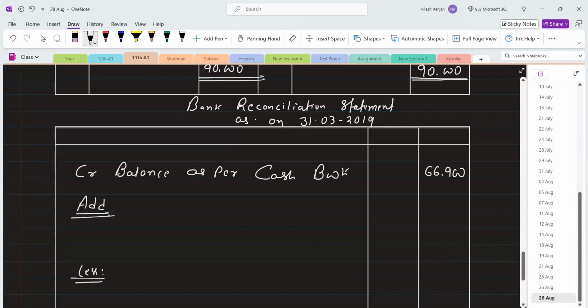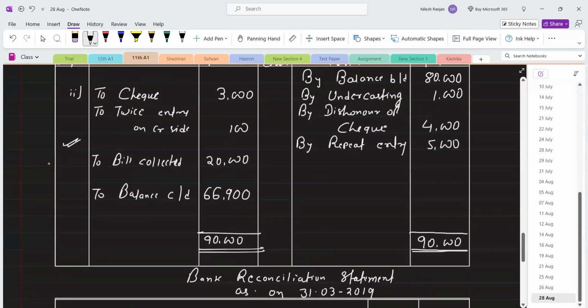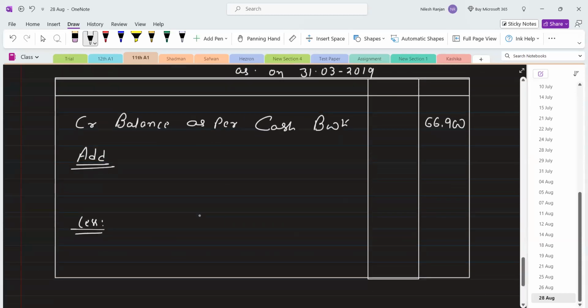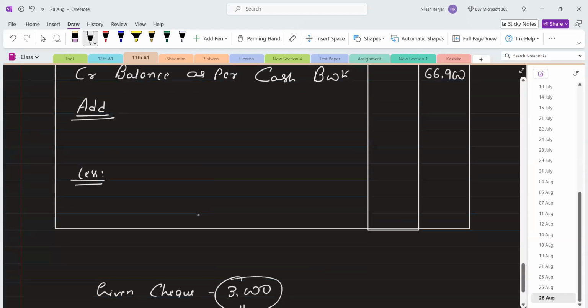Now we have to see which items we have not included here. We have written the first entry, the second one, check deposited, the third one, 10,000. Yes, it is not written. So we will discuss the third one. Check recorded for collection but not sent to bank. Means we have recorded it in cash book, so our cash book is increased.